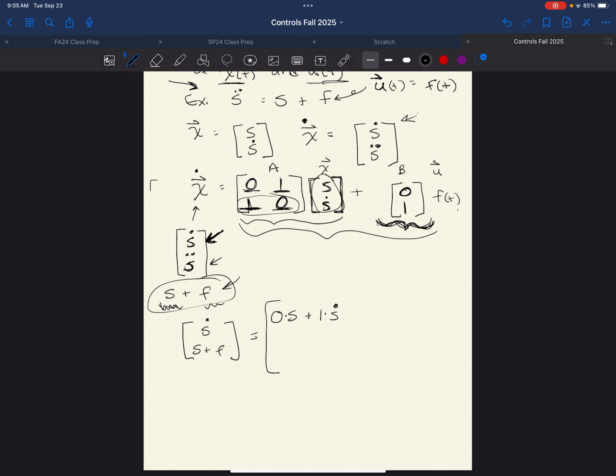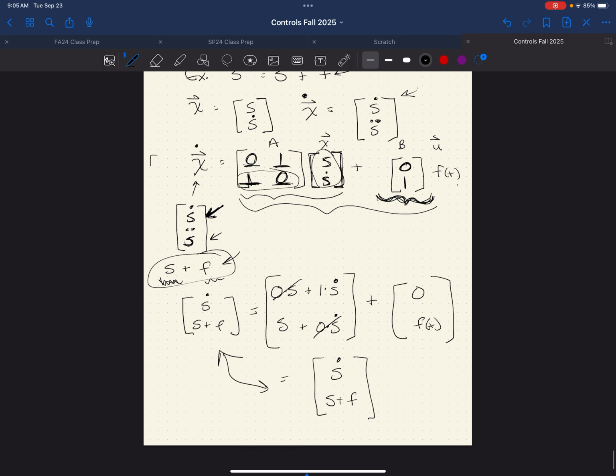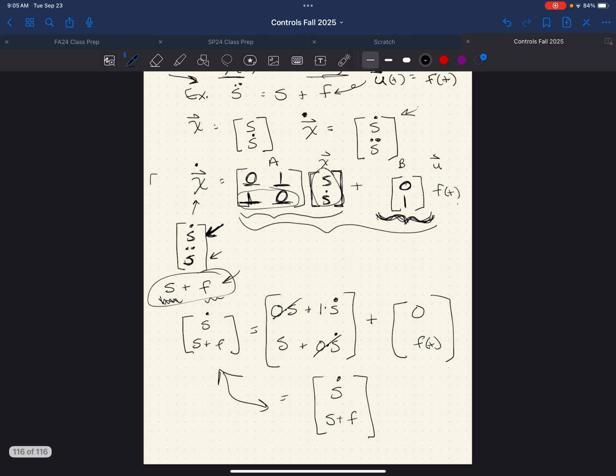And then I have a 1 times s plus a 0 times s dot, which goes away because it multiplies by 0. I have an s dot and then an s. And then over here I have a 0 times f and a 1 times f. If I combine these two vectors, I should get s dot and s plus f. Are the left and the right equal? Yes, they are. So that means we wrote our state space form appropriately.